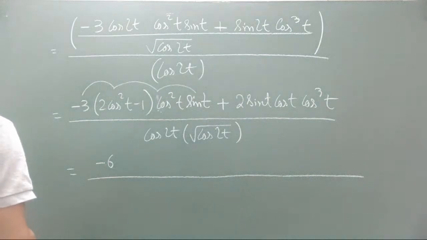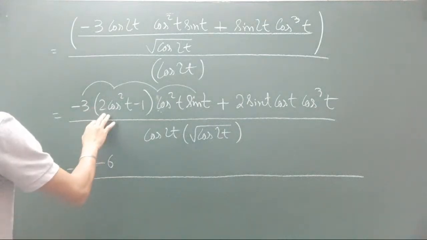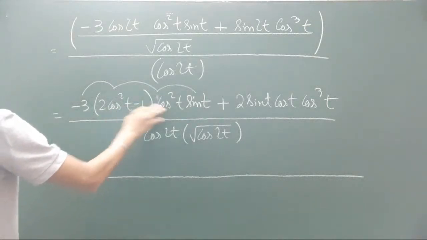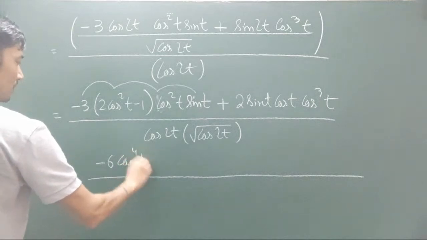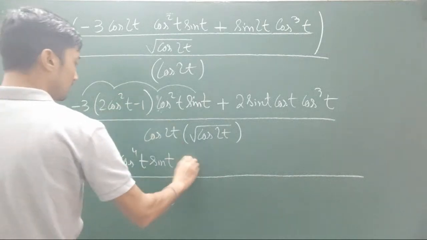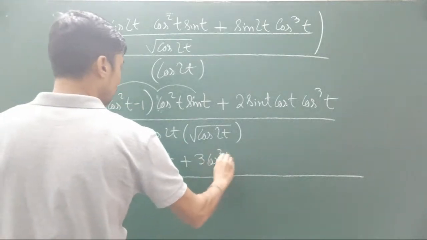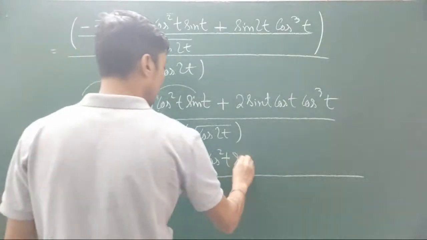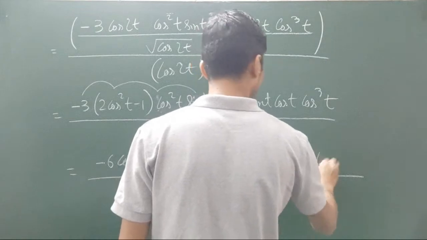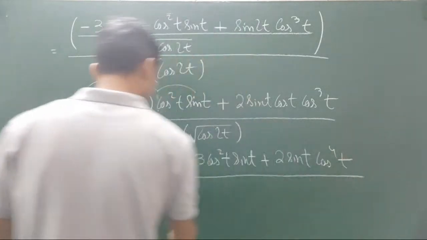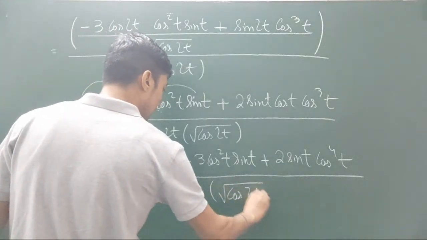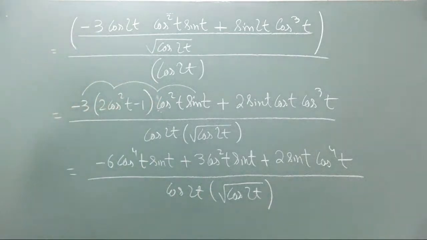So minus 6 cos 4t sin t, minus into minus plus 3 cos square t sin t plus 2 sin t cos 4t, over cos 2t root over of cos twice of t.